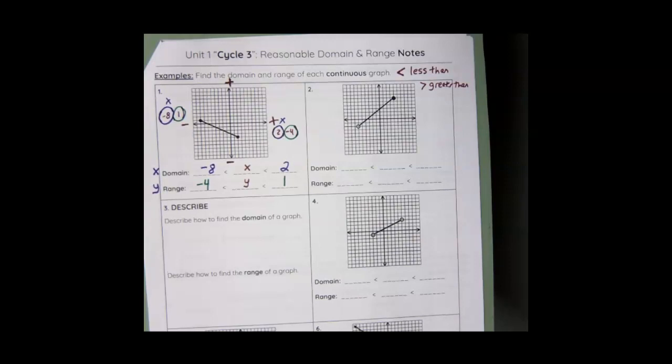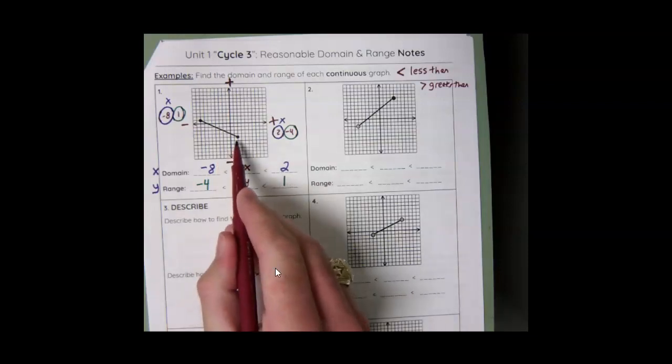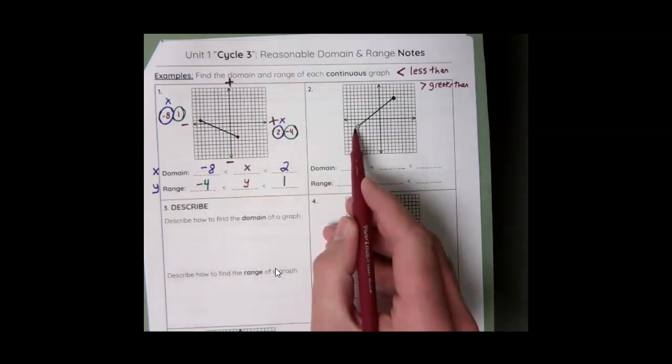Now let's try another one. Example 2. Sorry, excuse me. One more thing with example 1 is that there are sometimes where you have a shaded dot, sometimes where you have an open dot.